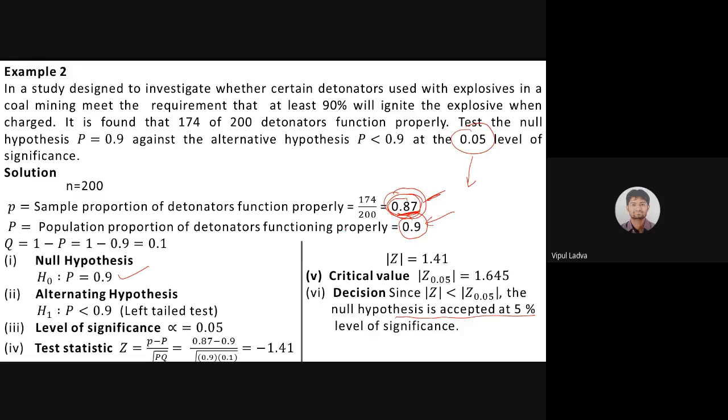That is the reason 0.87 against 0.9 will be accepted. In the previous example it was something similar, with some other figure against 0.9, but we had rejected it. So that purely depends on the level of significance at which we are testing it.